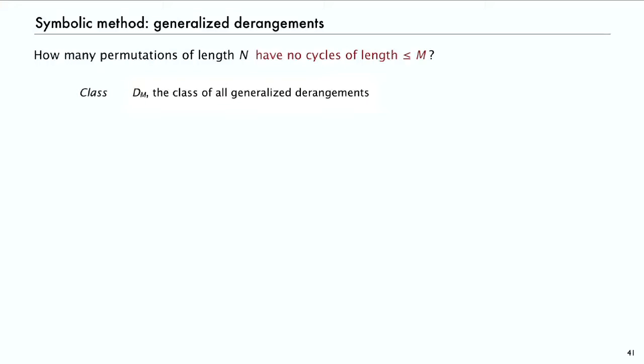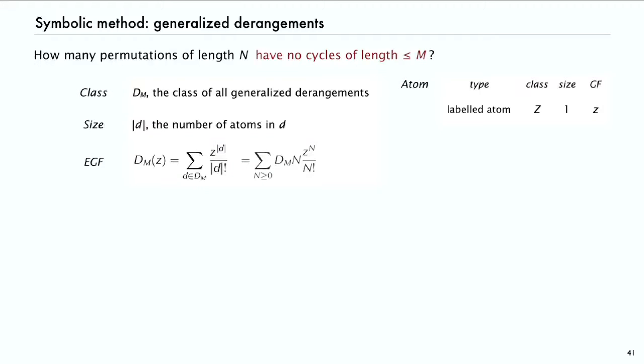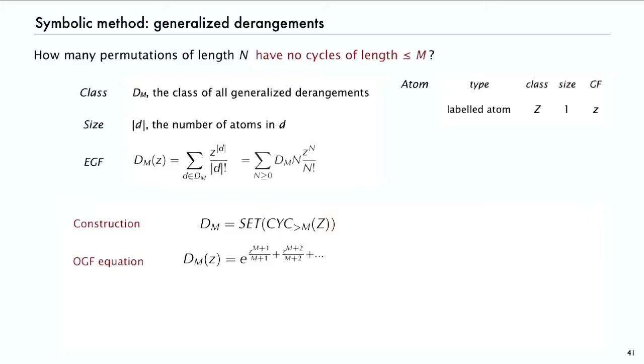D sub n is the class of all generalized derangements, with no cycles of length less than or equal to m. Everything else is the same. So the construction is a set of cycles, of length bigger than m, of atoms. That translates directly to generating functions. You just start at z to the m plus 1.